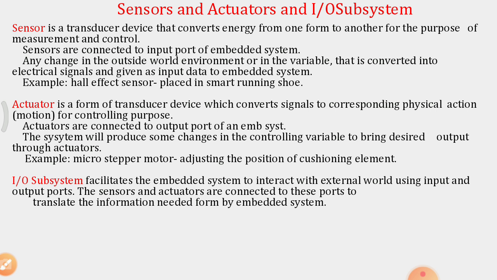The system will produce some changes in the controlling variable to bring the desired output through actuators. For example, a micro stepper motor in the same smart running shoe is used to adjust the position of the cushioning element.